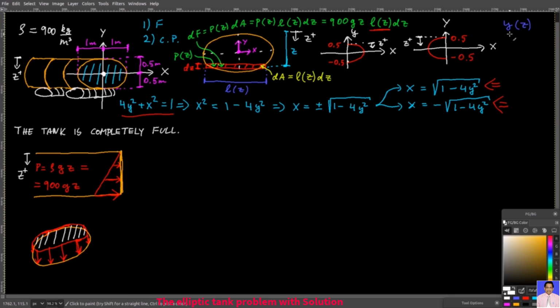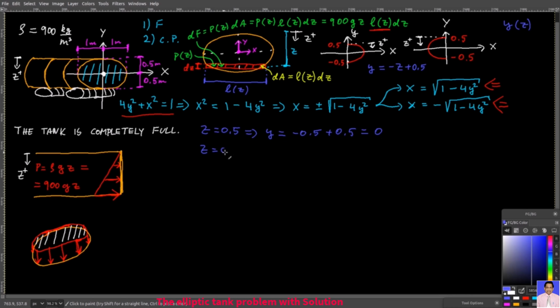And so we want to relate y with z. You can see that z starts at when y equals 0.5 meters and positive z is down. That means that y equals minus z plus 0.5. You can see that when z equals 0.5, then y equals minus 0.5 plus 0.5, which is 0.